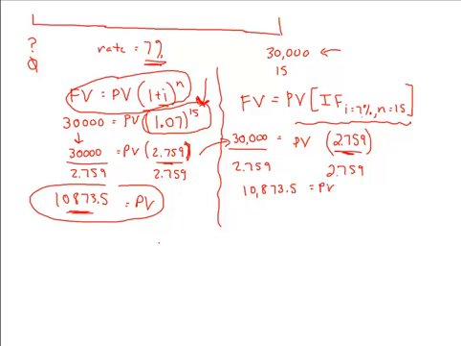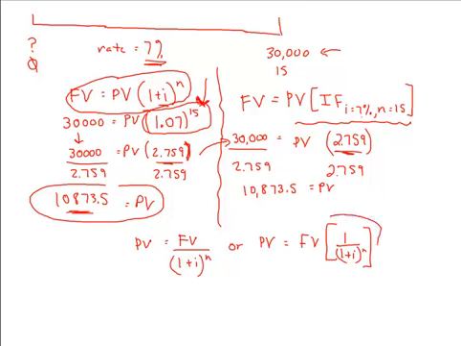I could use the present value equation instead to solve this, and the formula is present value equals future value divided by 1 plus I to the n. Or I could write it this way: present value equals future value times 1 divided by 1 plus I to the n.